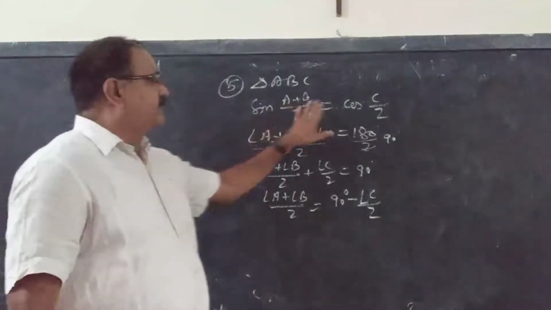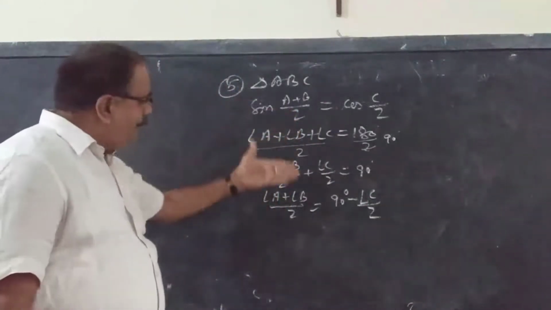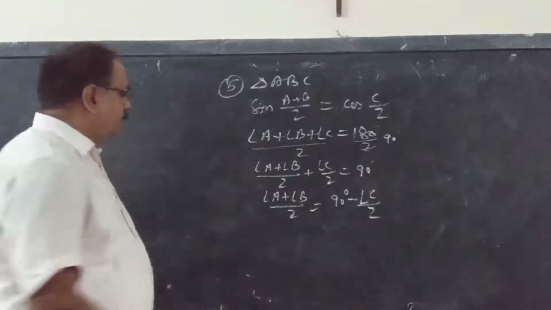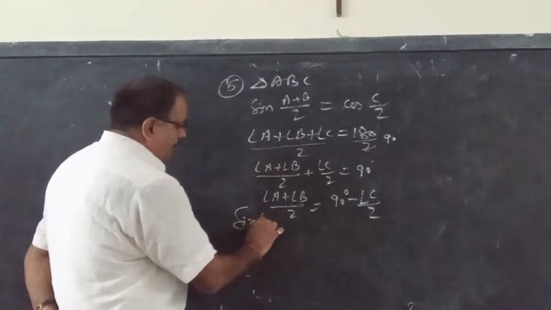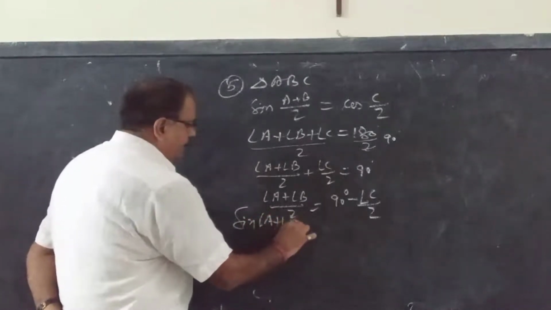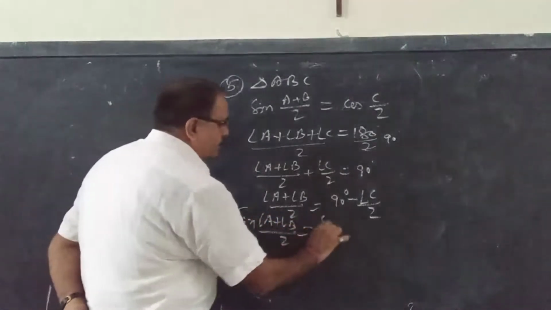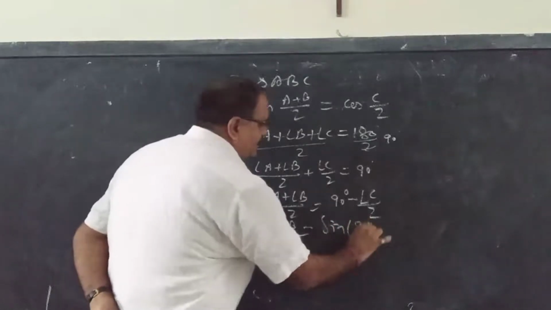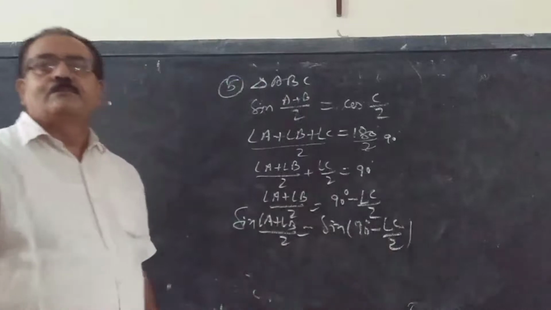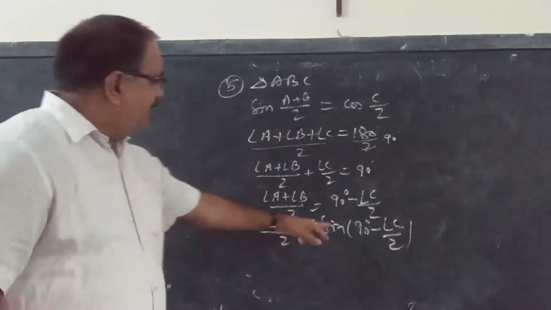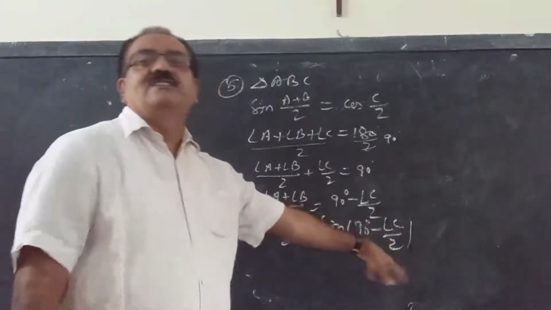Now sin is there, so multiply both sides by sin. When we take sin, sin of (angle A plus angle B) by 2 is equal to sin of 90 degree minus angle C by 2. Now see, sin of 90 minus theta.